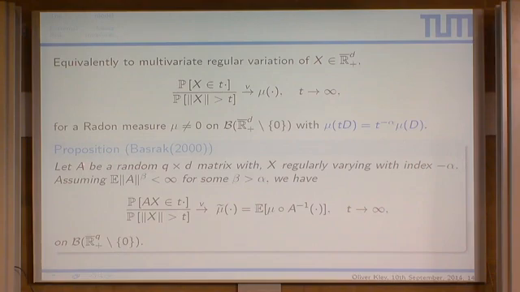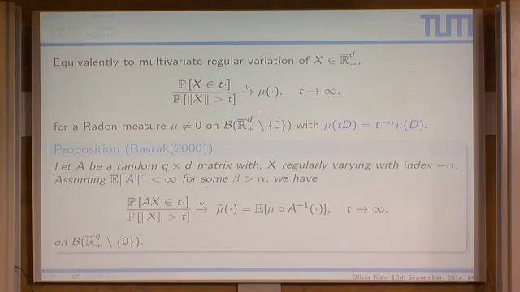And here is the multivariate version of Breiman's theorem, which I mentioned some minutes ago. We can take a random matrix A of dimension q times d, and a regularly varying vector X with index minus alpha, which has such a limit measure mu. Then we can determine the limit distribution of AX. This is mu tilde, which, since A is random, needs an expectation. It's the image measure of mu.